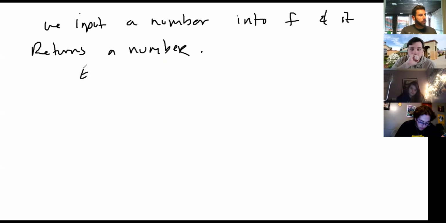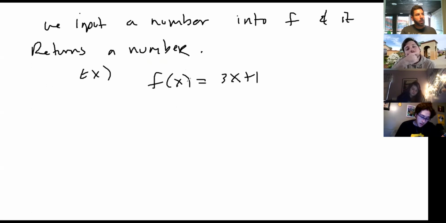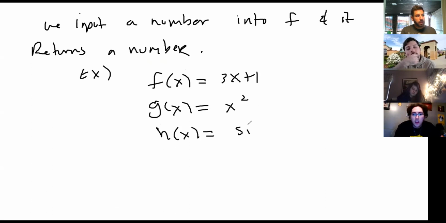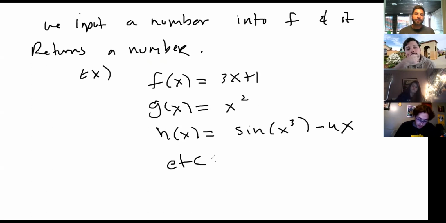So what's an example of this? An example of this is something like f of x equals 3x plus 1, you know, g of x equals x squared, you know, h of x equals sine of x cubed minus 4x, etc. You guys get the idea. These are the functions you spent most of your math education from high school on studying.